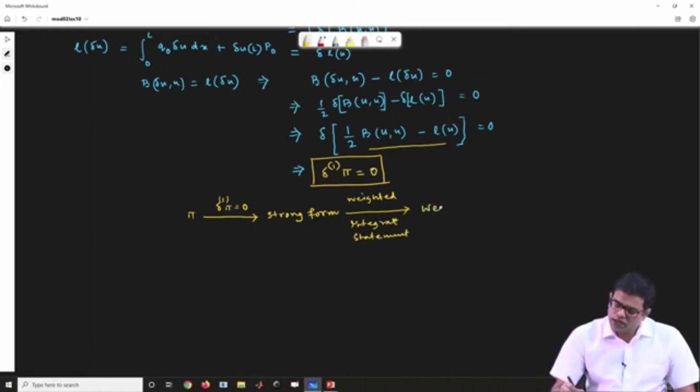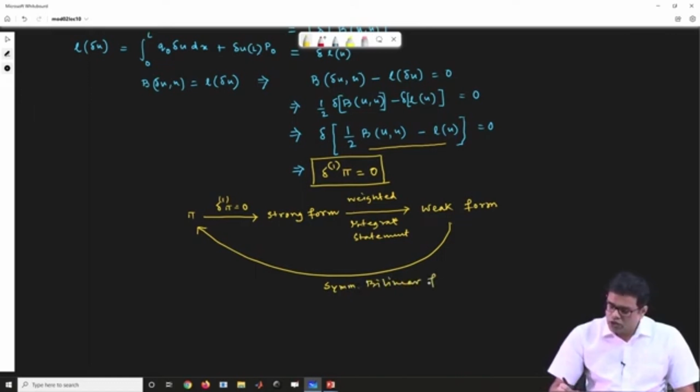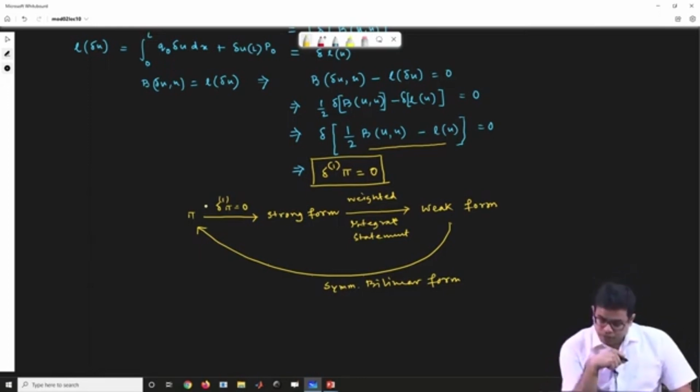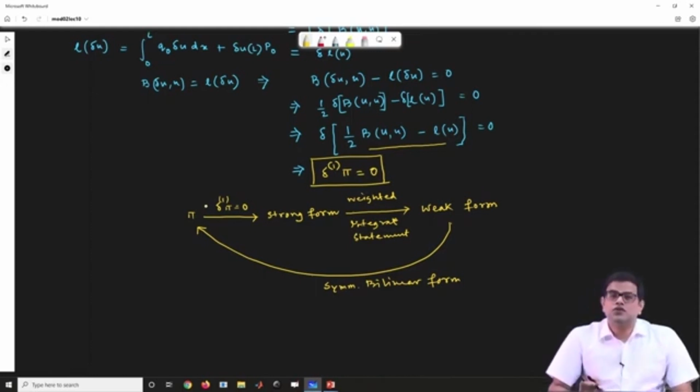Once we get the weak form, if the weak form is symmetric and bilinear, then we can have this quadratic functional. So the requirement is a symmetric bilinear form. If this is satisfied, then I can construct the potential energy. So this is in a nutshell what the weak form is.